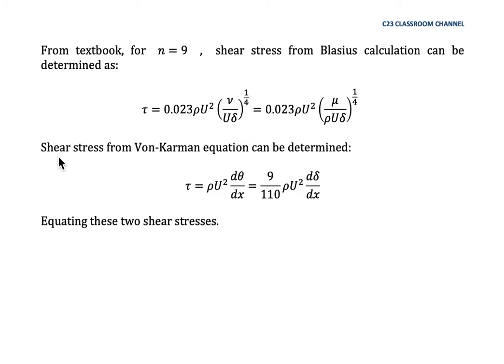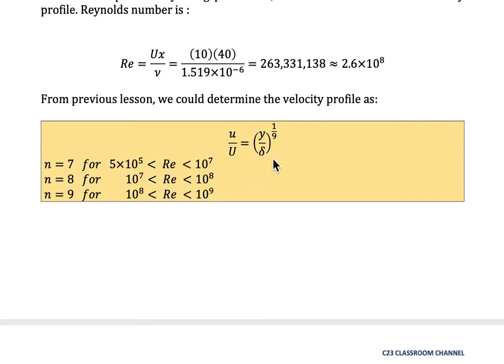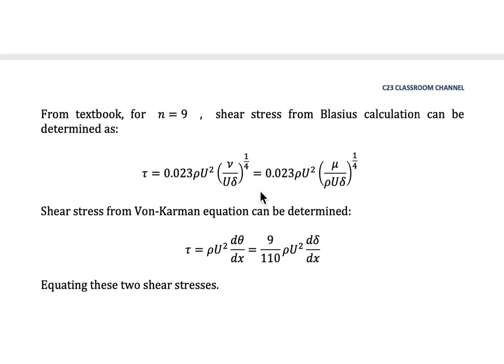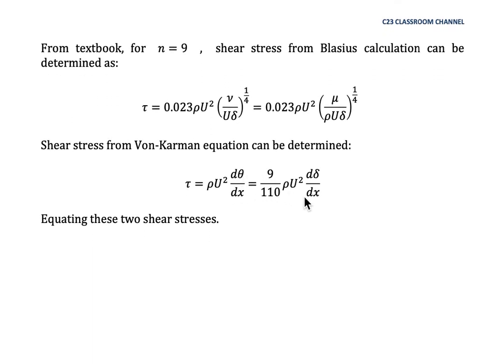From the von Karman equation, we use tau equals rho u square d theta dx, and finally we calculate the value of theta for this velocity profile. Substituting in this equation, we simplify it as 9 over 110 rho u square d delta dx. Then we equate these two values, from von Karman and from Blasius.